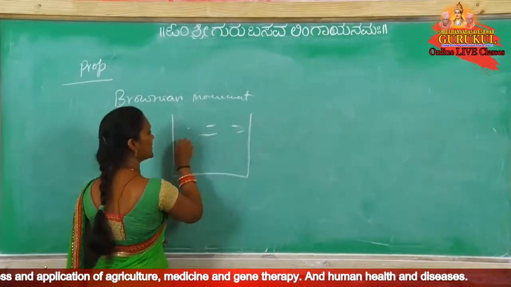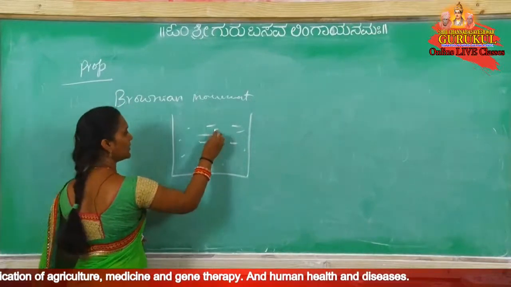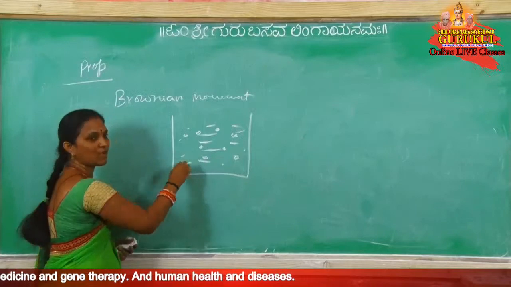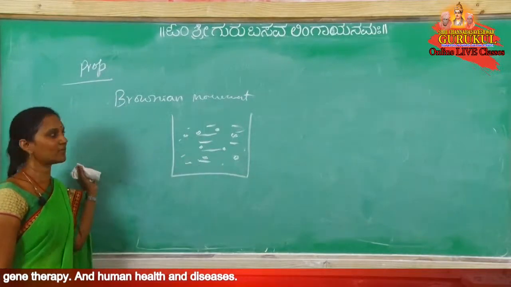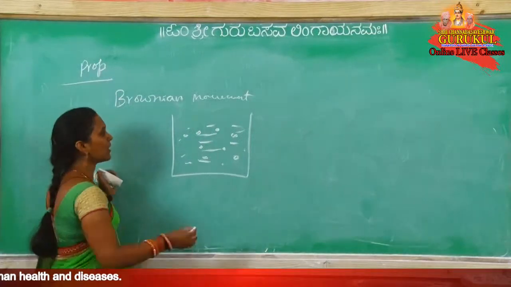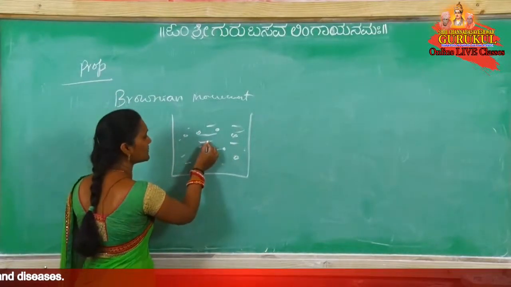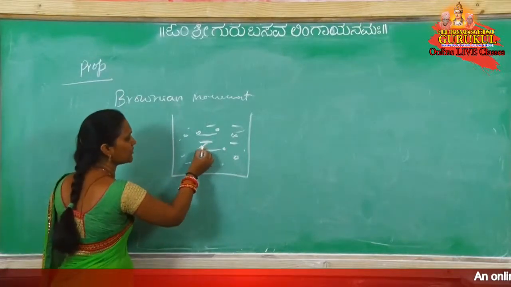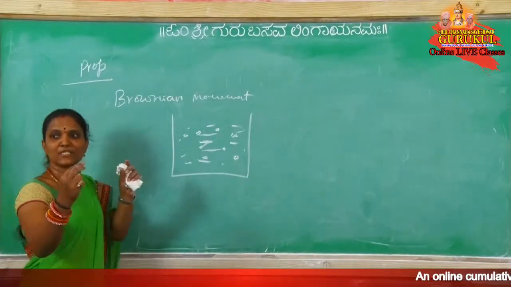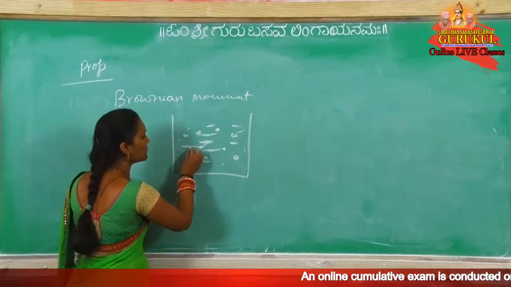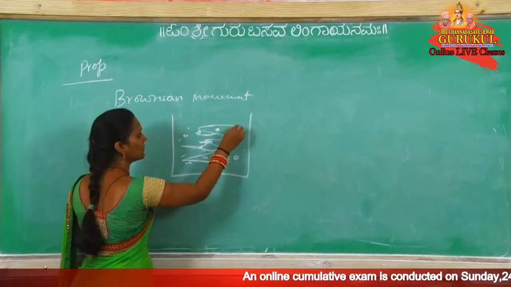a colloidal solution. There is a dispersion medium, and the dispersion phase particles are there, solute and solvent. Now these particles move randomly. Here the collision of dispersion medium particles with the dispersion phase particle takes place. Because of this collision, it moves like this.